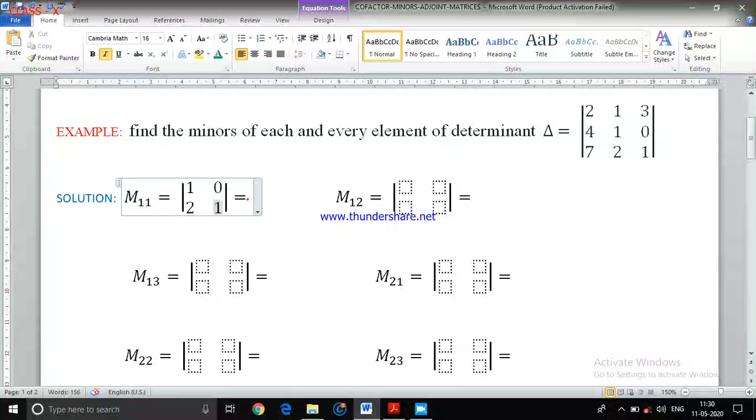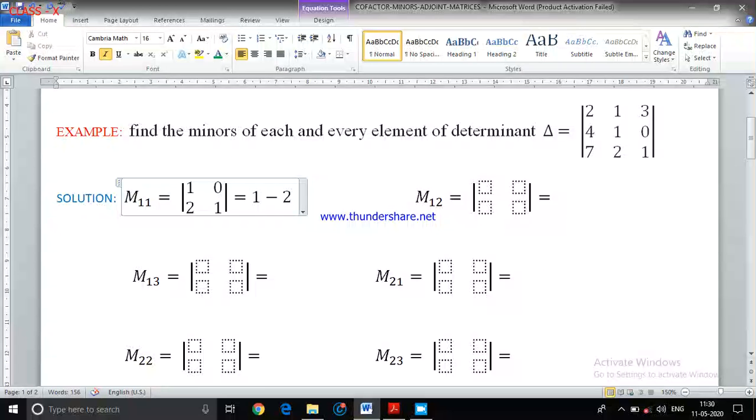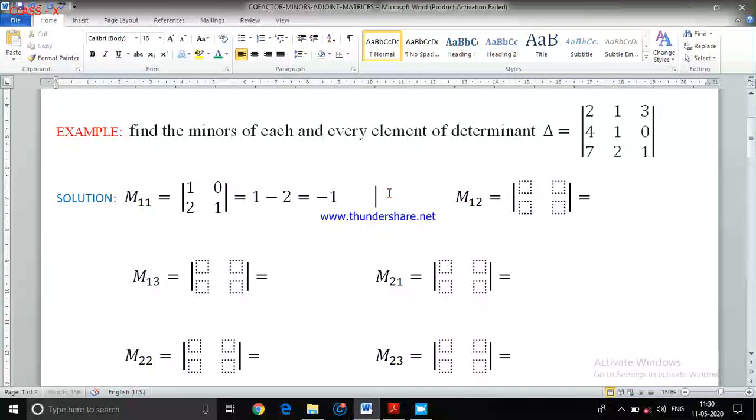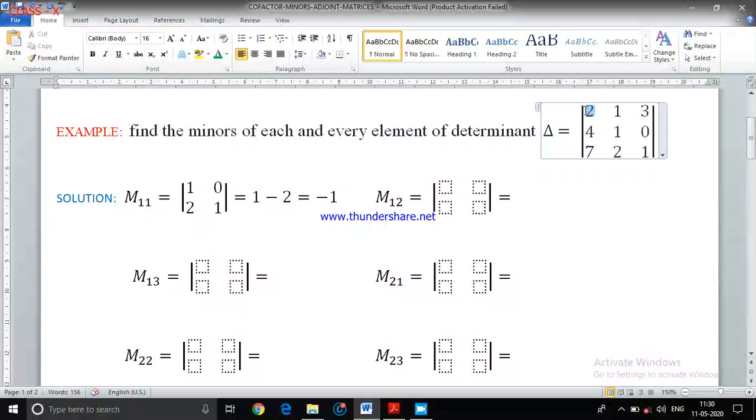Okay, so this is the minor, the determinant of the remaining four elements. You already know how to find the determinant of these numbers. 1 into 1 is 1, minus, next diagonal is 0 into 2 is 0. So 1 minus 0 is 1. Okay, so that is the minor of the element 2.